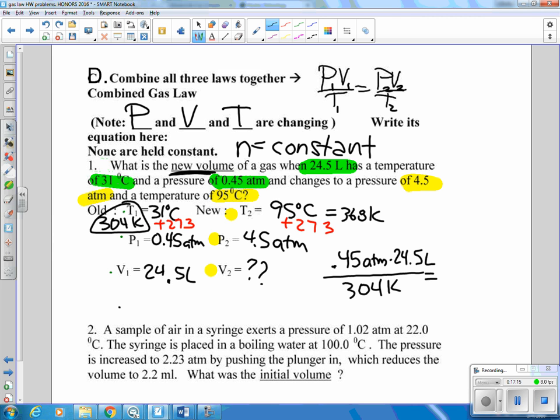Then we're going to set that equal to 4.5 atm times V2 over 368. There's a lot of ways you can solve this.